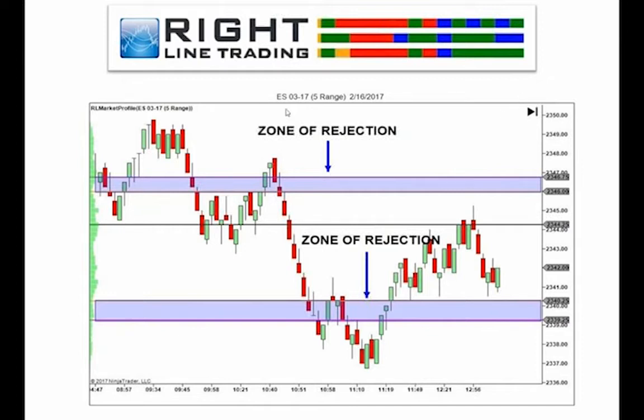But everybody who's trading the E-mini, irrelevant of the speed of the chart, 3-minute, 8-minute, 9-minute, 4-hour, 3 range, 5 range, has the same volume profile.